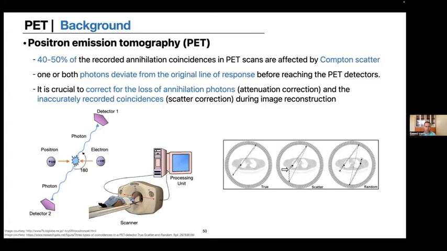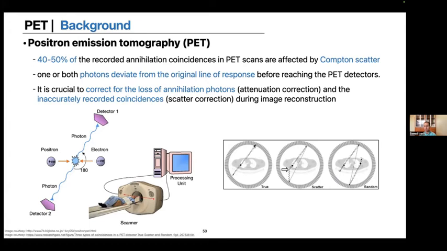In PET imaging, the subject moves along the axial dimension toward the detector ring, and during the image capturing, the positrons and electrons hit each other, and two photons travel in opposite directions until they reach the detector planes.